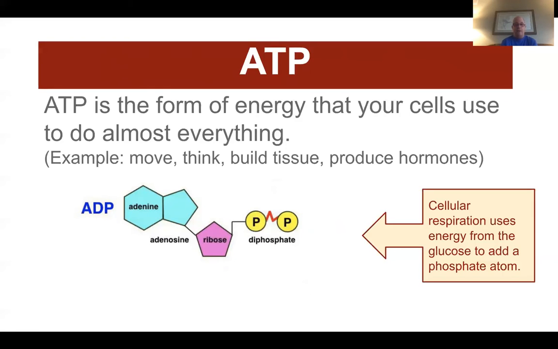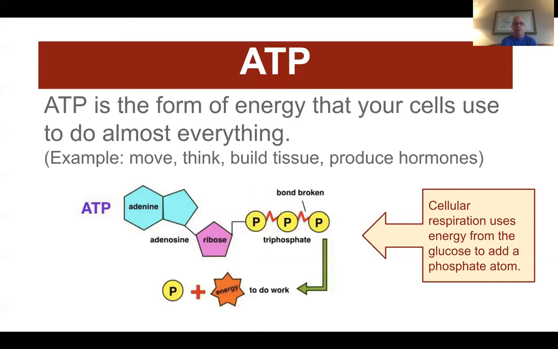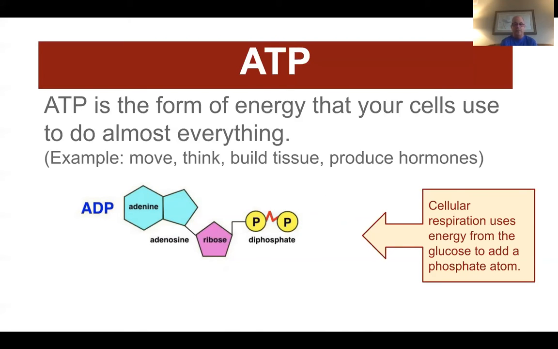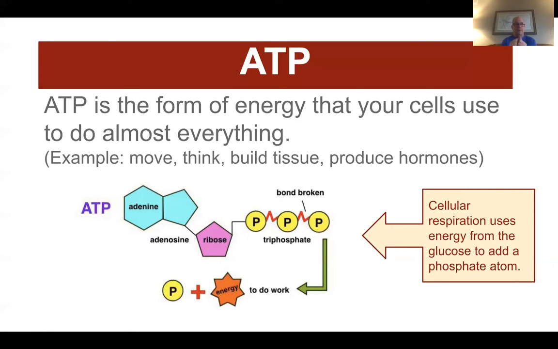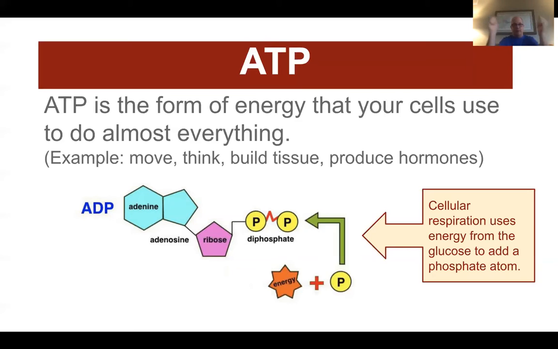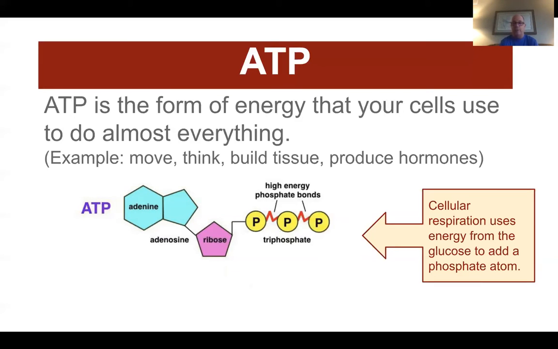Think of the triphosphate as having extra energy, much like a set mousetrap. You're real cautious if you're moving a mousetrap that's been set, but once it's been sprung, which is in our model when there are only 2 phosphates, it has no energy. ATP is little tiny batteries, little molecules that have energy that float all around your body through your blood.